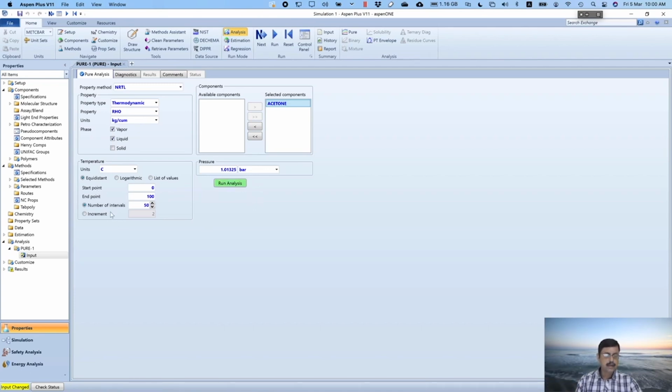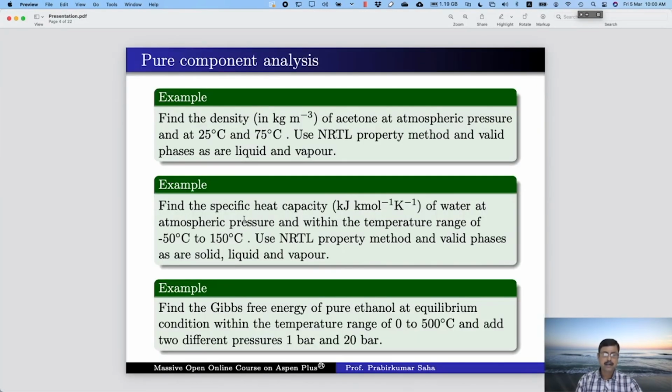And we can give the list of temperatures. Temperature can be given in the range 0 to 100 degrees centigrade with a 50 interval or 20 interval or 10 interval as per your choice. Or you can give in logarithmic or list of values. So we have two temperatures over here, 25 degrees centigrade and 75 degrees centigrade.